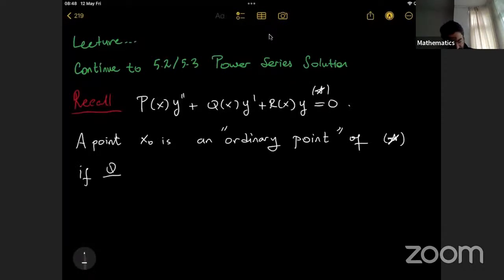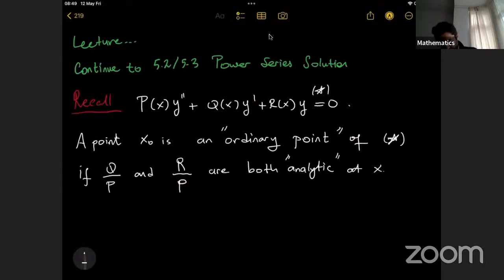q over p and r over p, these functions, not necessarily rational because p, q, r may not be polynomials, are both analytic at x naught.